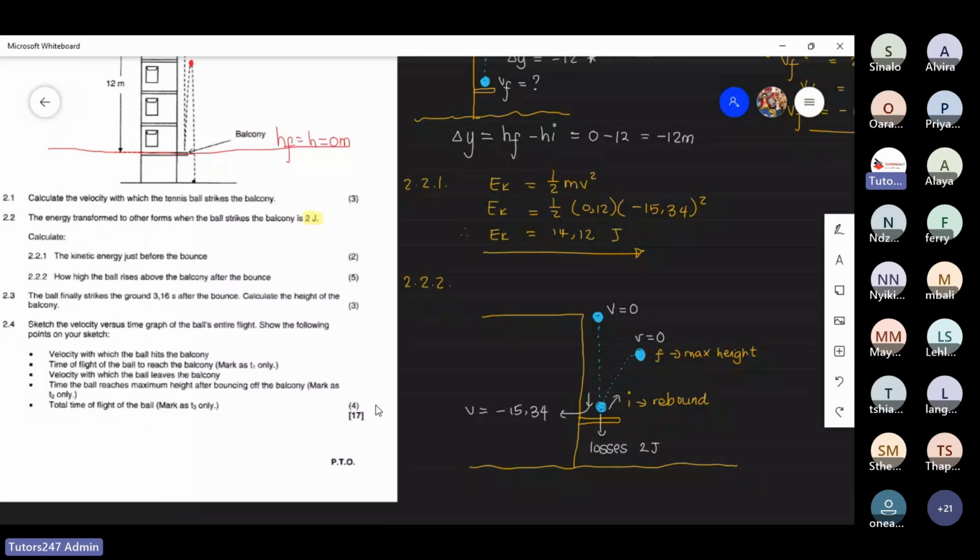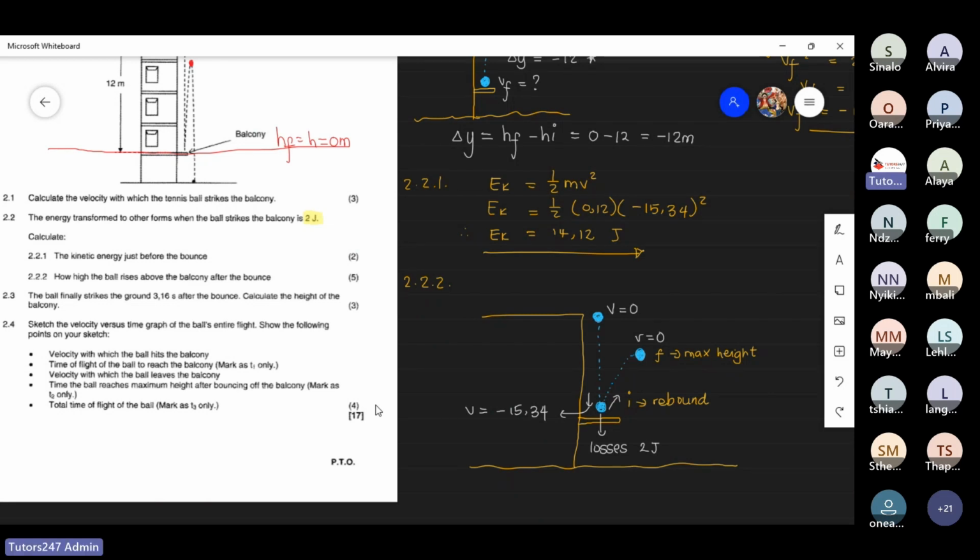So after this ball bounces, which means after it hits the balcony and rebounds, it's dropped, it's going in a downwards direction, it hits the balcony and then moves in an upwards direction to a maximum height. So our question wants to know how high above the balcony the ball reached.